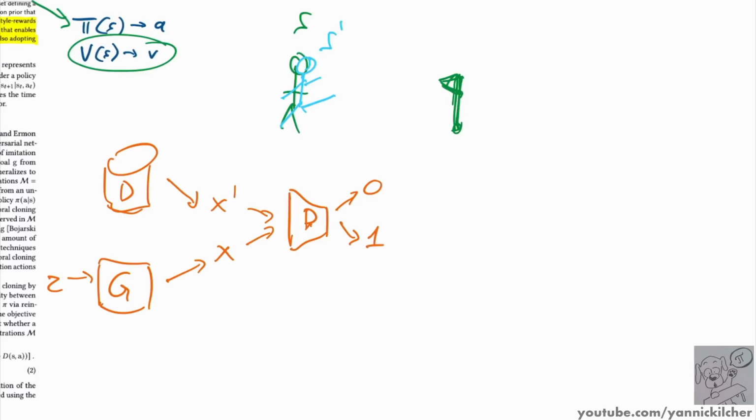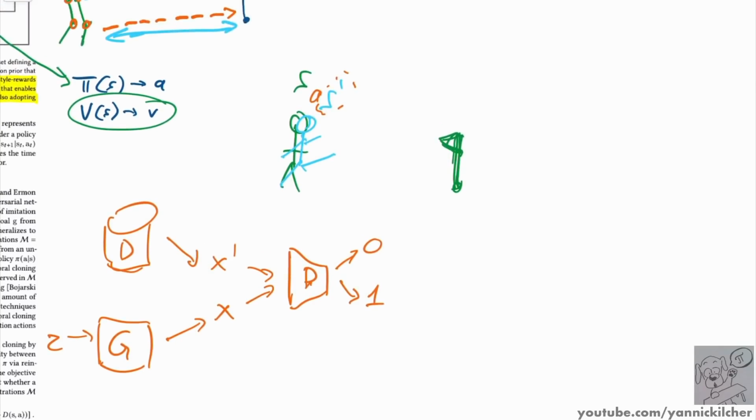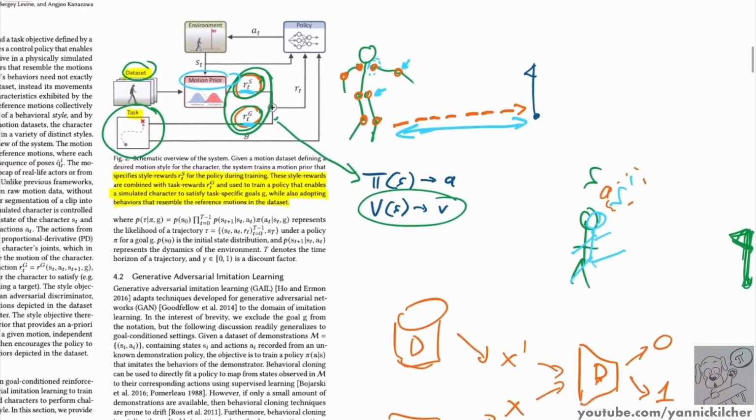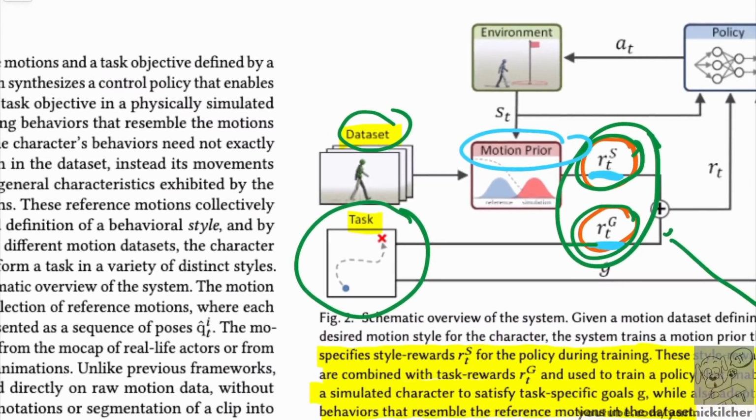So you have three quantities. You have the state, you have the action that the agent took, and you have the new state S prime. Now you could parameterize the transition either using state and action or state and next state. The paper here does state and next state for the reason that in the dataset that you get right here, you do not have the action available.